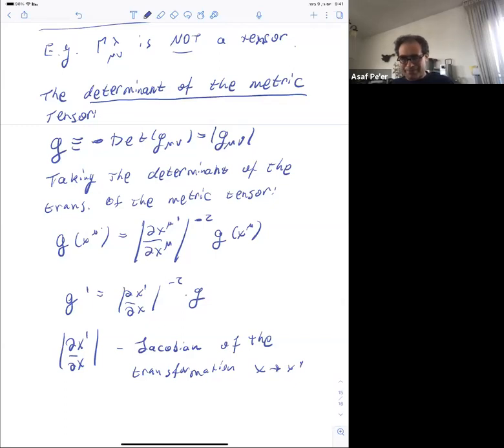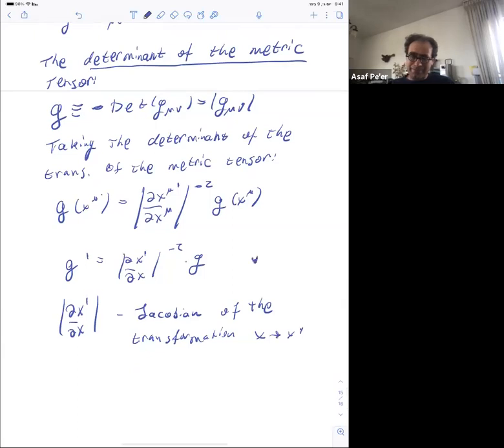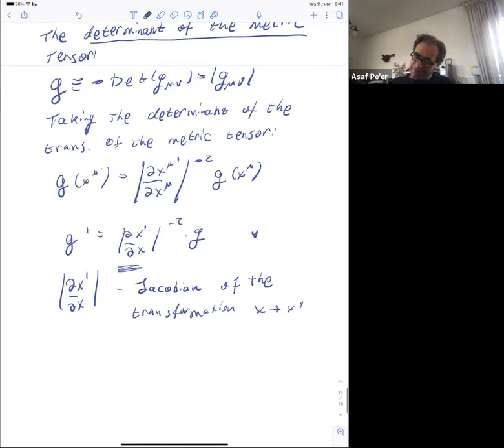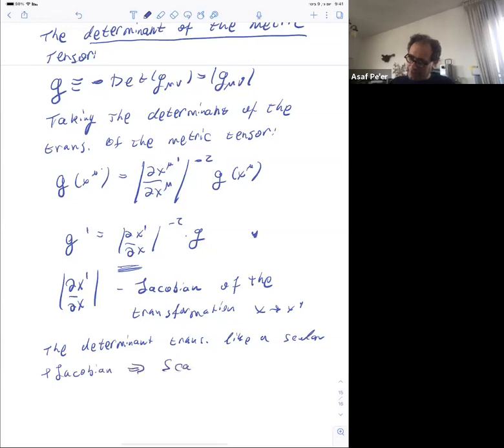So, the determinant transforms like a scalar, right? Except for this extra factor of the Jacobian. We have this extra factor of the Jacobian. So that's why it's called a scalar density. The determinant transforms like a scalar plus Jacobian, which is called a scalar density.